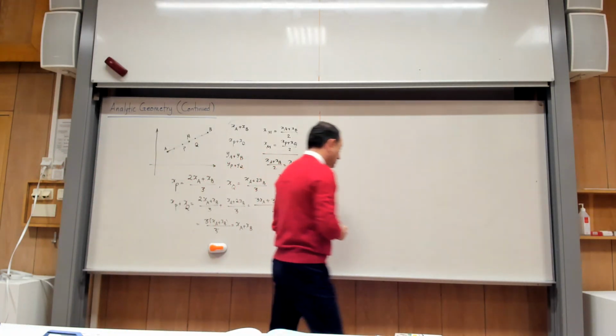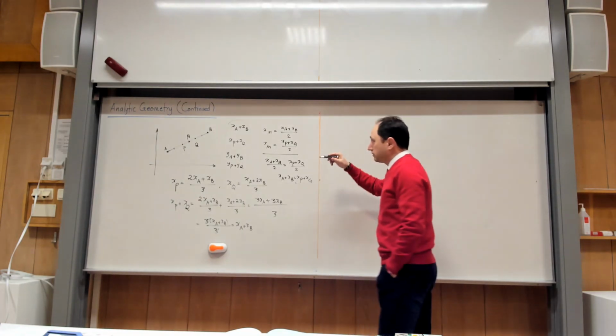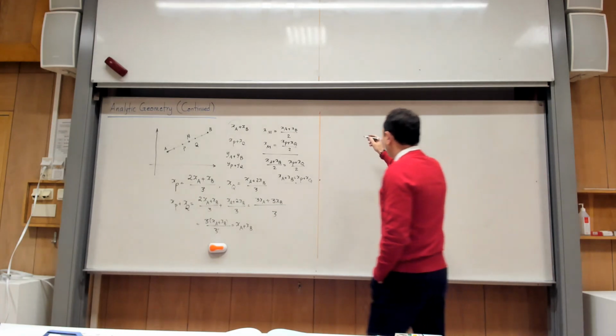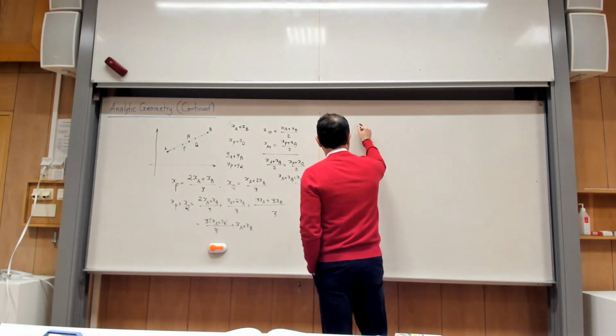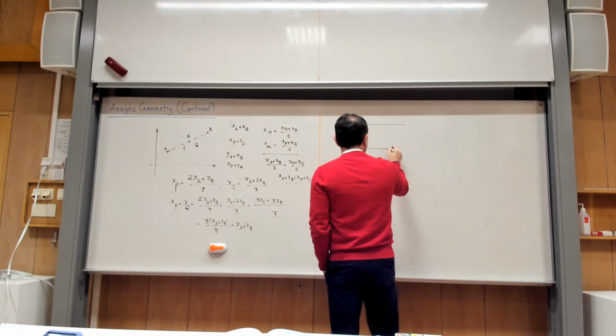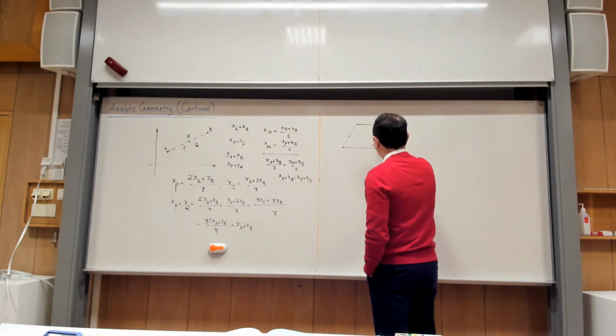So, do you know a parallelogram, yes? A parallelogram is a quadrilateral. Quadrilateral means a shape with 4 sides, yes? So, a parallelogram is a quadrilateral with 4 sides, such that opposite sides are parallel.